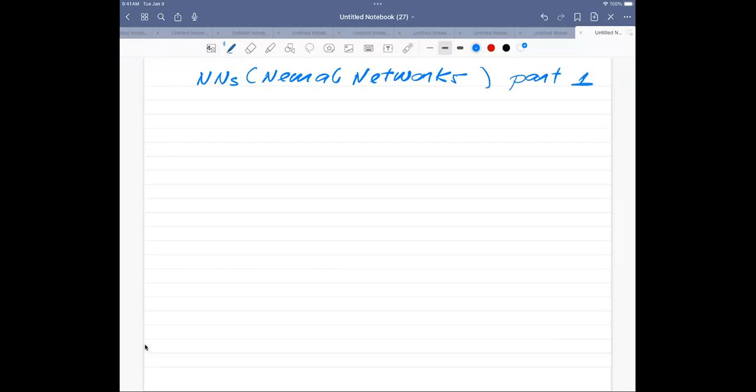So one central ingredient is the so-called universal approximation theorem. And I'm going to set that up a little bit later, but now I'm just going to mention it.